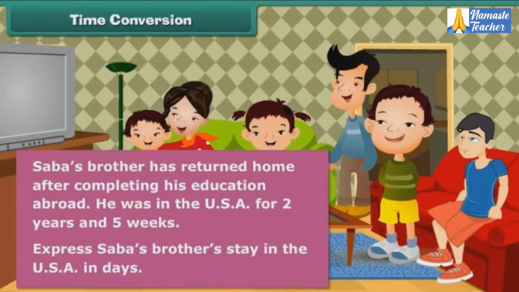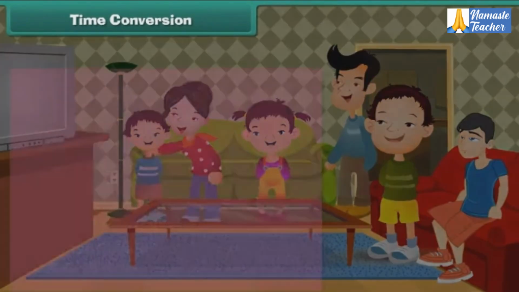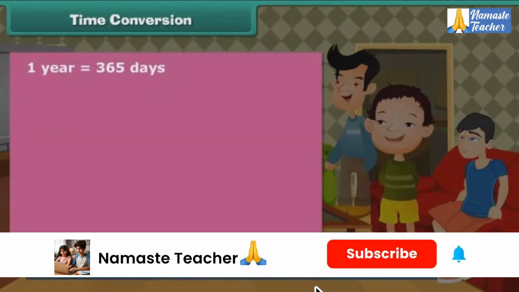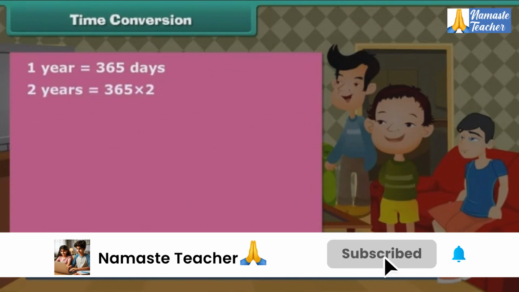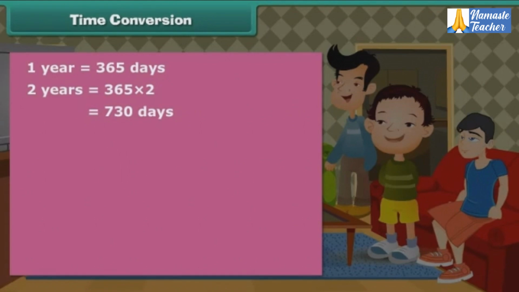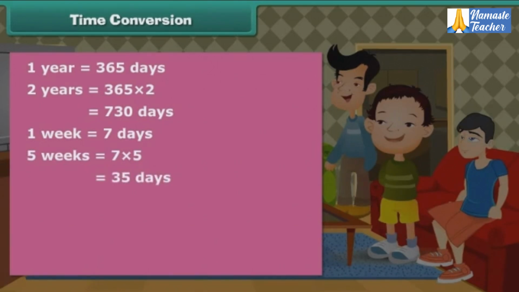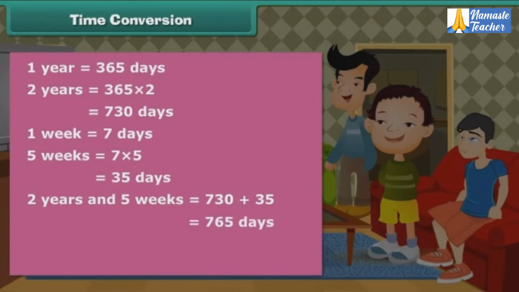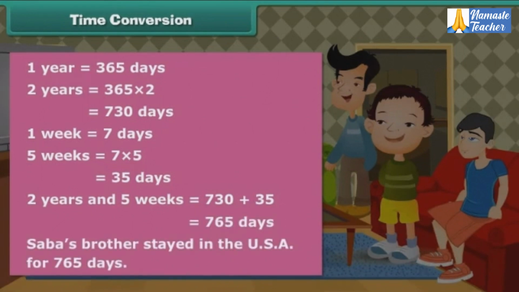Express Sabah's brother's stay in the USA in days. 1 year is equal to 365 days. 2 years is equal to 365 into 2 is equal to 730 days. 1 week is equal to 7 days. 5 weeks is equal to 7 into 5 is equal to 35 days. 2 years and 5 weeks is equal to 730 plus 35 is equal to 765 days. Sabah's brother stayed in the USA for 765 days.